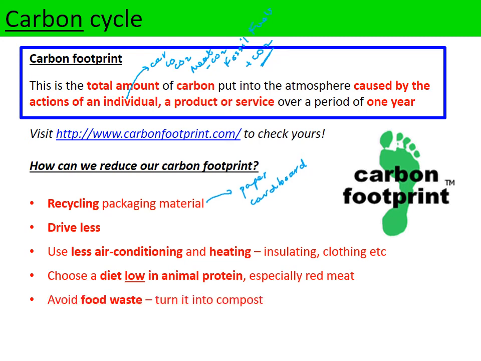We could avoid food waste. So, for example, we could turn any food waste into compost that we could then use to grow plants and trees, and that might allow the actual planting of more trees, which we know takes in CO2 from the atmosphere and fixes that in the form of glucose. So there's a number of different activities that we could think about in terms of reducing our carbon footprint and the amount of carbon we put back into the atmosphere over the course of 1 year.